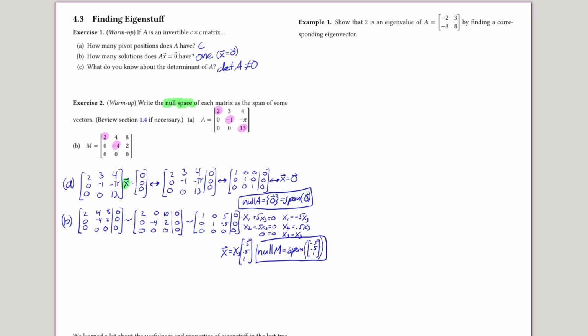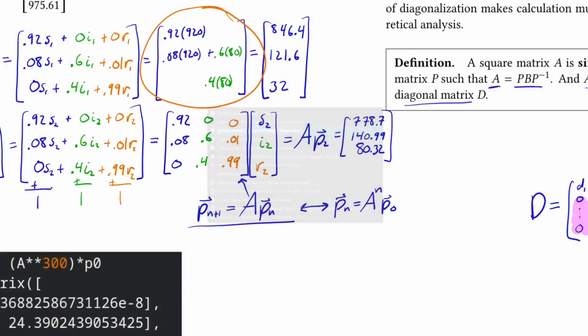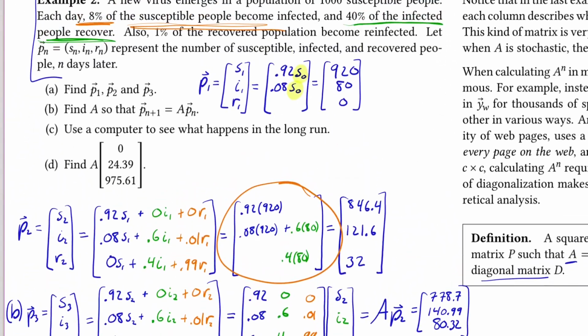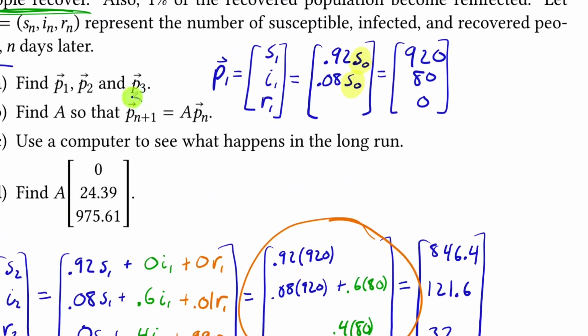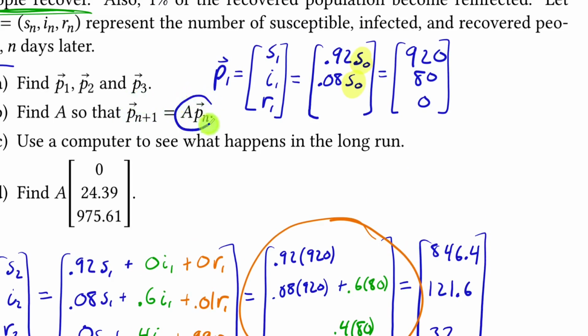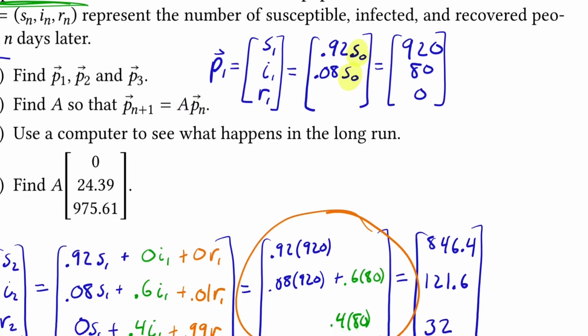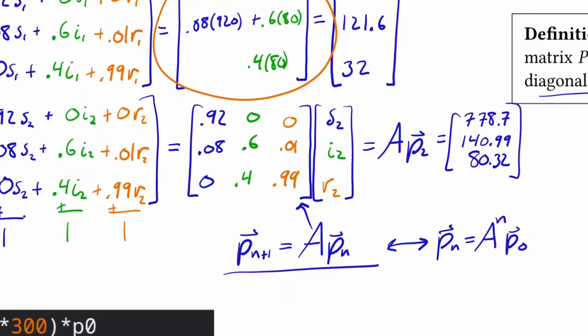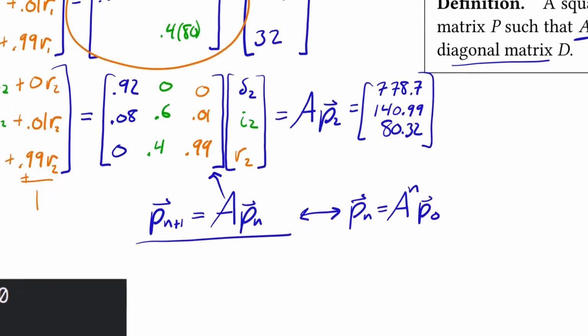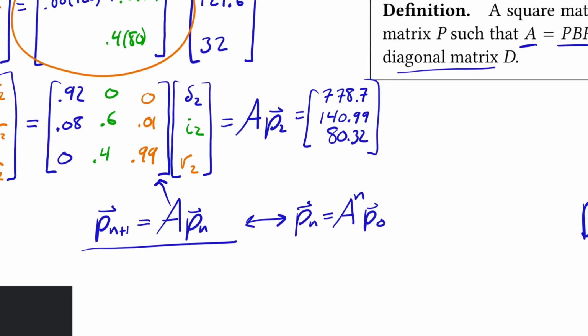We started by looking at difference equations like this one, where we define a sequence of vectors where every next vector in the sequence you get by doing a matrix times the previous vector. And we saw how that could model a lot of real life situations, and it's a pretty useful thing in applications of linear algebra.